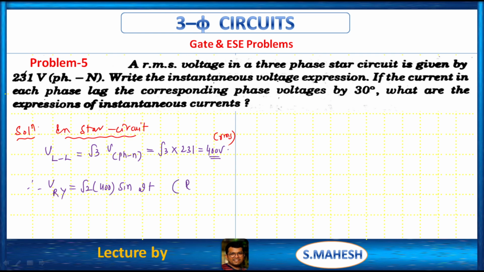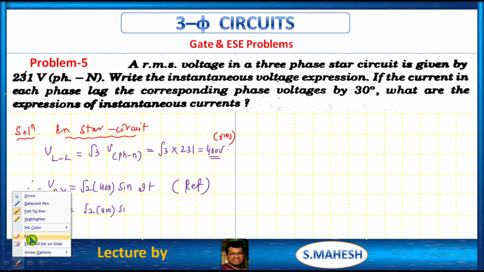It is omega t since it is the reference. Like that, VYB is the same, root 2 into 400 sine omega t. What is the problem?